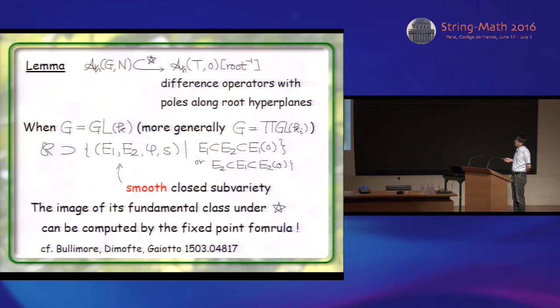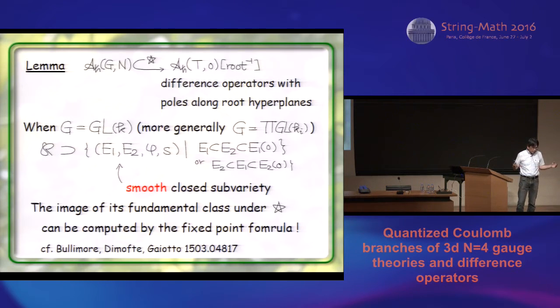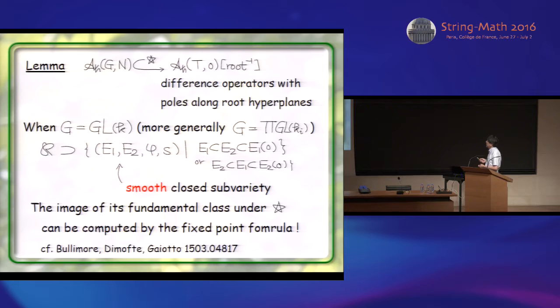And in general, for arbitrary G and N, because I defined the quantized Coulomb branch by using the equivariant cohomology, there are lots of tools to analyze this equivariant cohomology, namely the localization theorem in equivariant cohomology. If I consider the fixed points, and the fixed points have a similar description, from this consideration you can obtain the embedding of this Coulomb branch for general G and N into the Coulomb branch for the maximal torus and with representation 0, but you invert all roots.